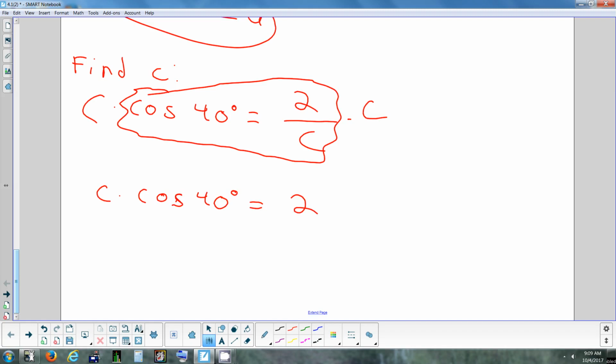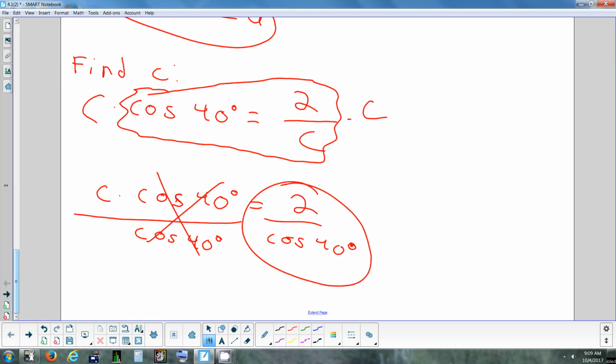And Ashlyn, how would I get C by itself and move cosine 40 to the other side? You would divide by cos 40, and then it would move over to the other side too. Yep, so divide each side by cosine 40. And there's your answer.